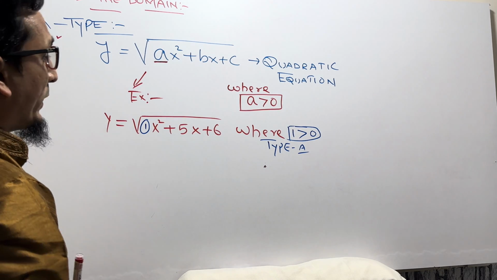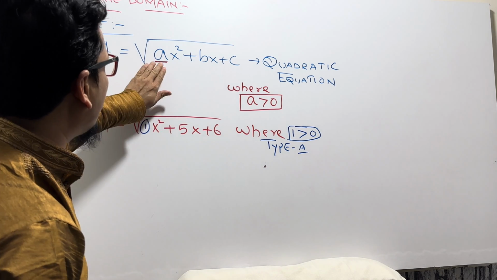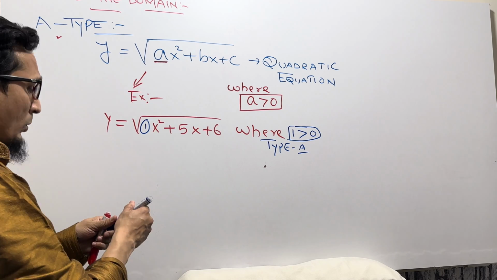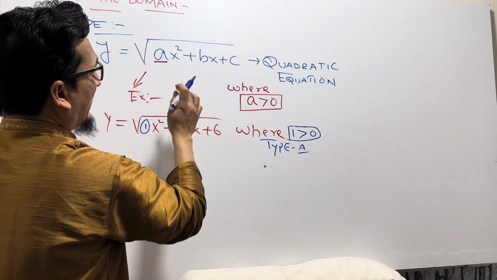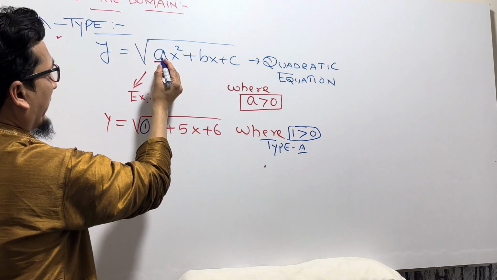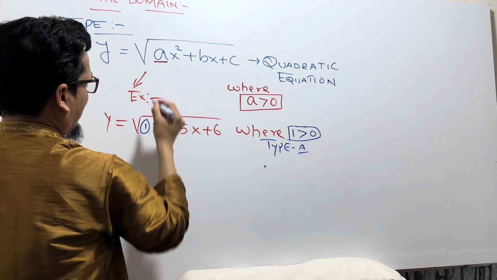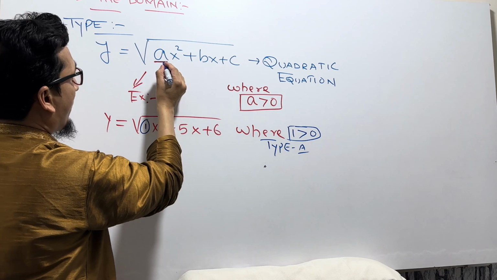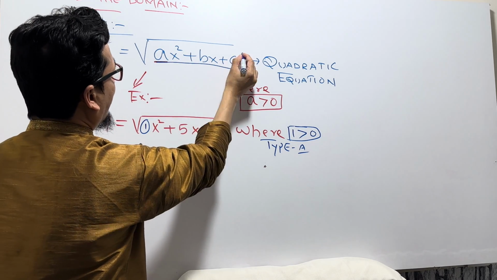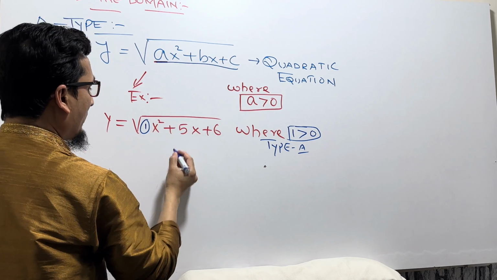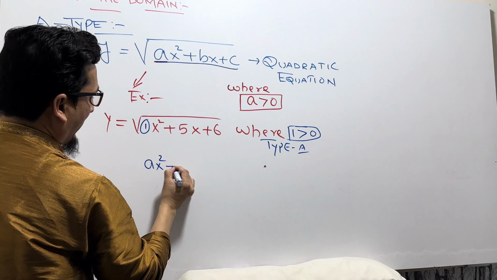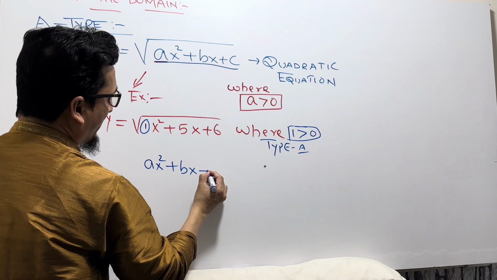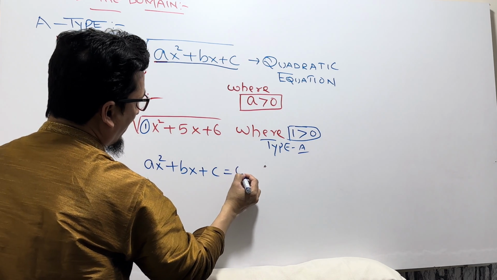Okay. So in such a question, whenever you see a is greater than 0, my dear, you know this is a quadratic equation. x square plus bx, my quadratic equation is this one, right? I'm going to write down here ax square plus bx plus c is equal to 0.